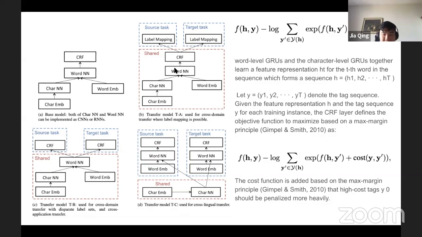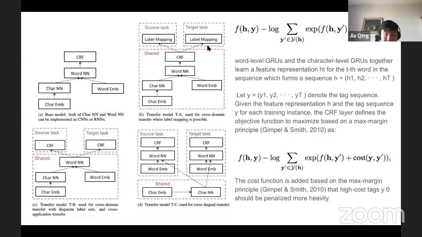So we have a few different permutations of how this can be adapted for different scenarios. One would be the cross-domain transfer scenario, where, firstly, if label mapping is possible, that's where they use transfer model TA, which is the one that I'm pointing to.